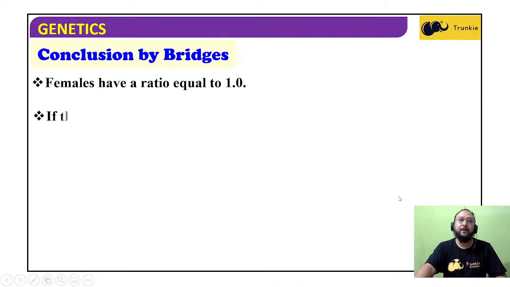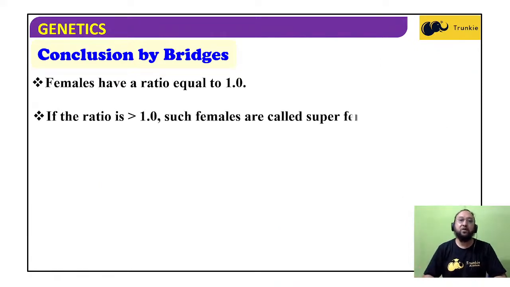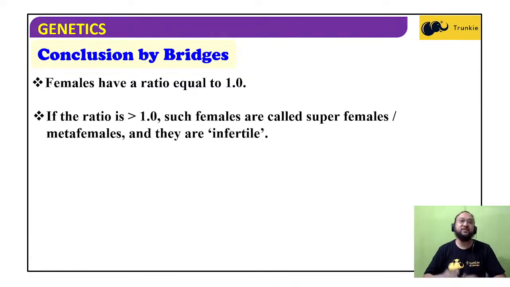Now, females have a ratio equal to 1.0, that means the number of autosome sets equals the number of sex chromosomes. If the ratio is more than 1, such females are called super females or meta females, and they are infertile. They will not produce offspring.